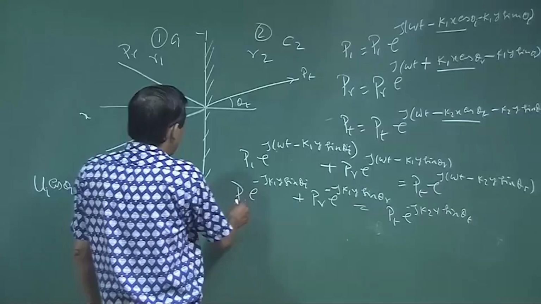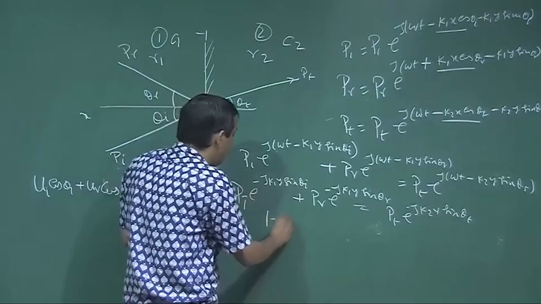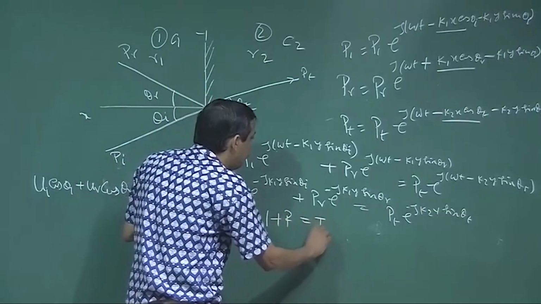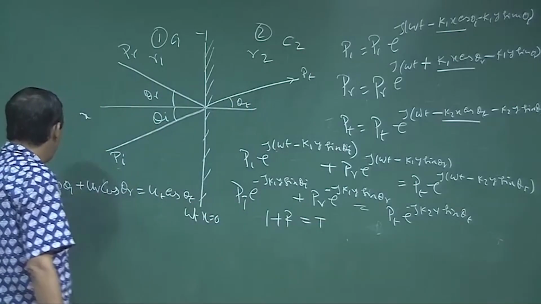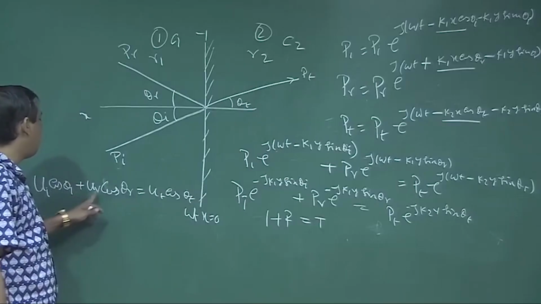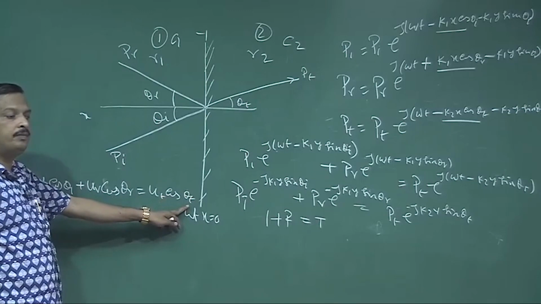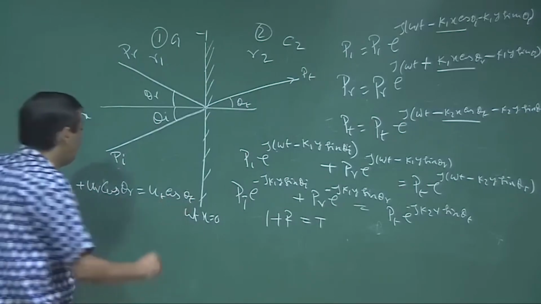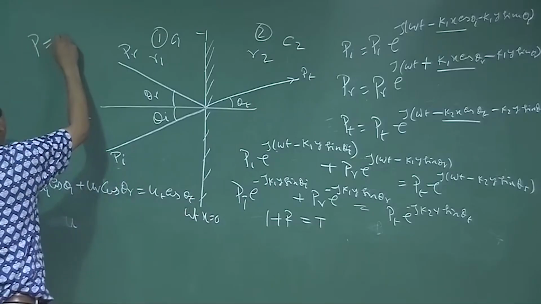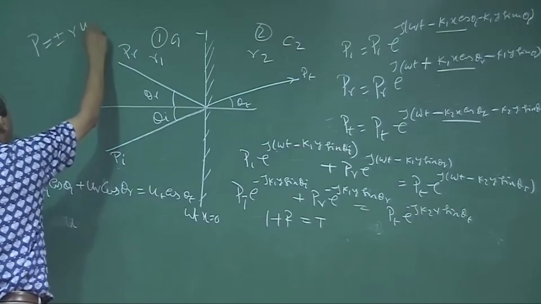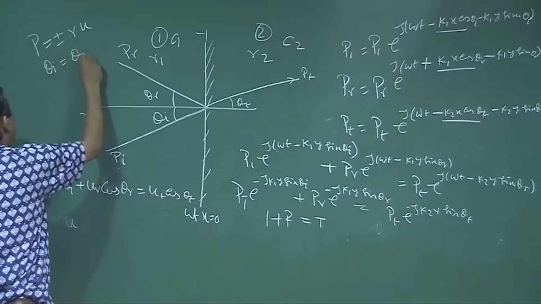Now from here, if I divide by the incident wave pressure, it is 1 plus r is equal to t. Now here u I cos theta I plus u r cos theta r is equal to ut cos theta t. Okay. Now you know the relationship between p and u is nothing but plus or minus r into u, and theta I is equal to theta r.